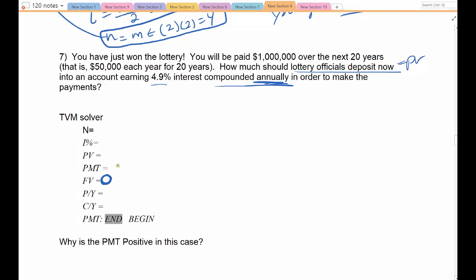Right, then your payments, those are withdrawals, and this time the payments are positive because you're withdrawing that amount. They're giving you $50,000 a year, and you can go spend it however you like. You could reinvest it, you could buy a car, you could do whatever you want with your $50,000, so it's yours to spend. And so that's why it's positive.